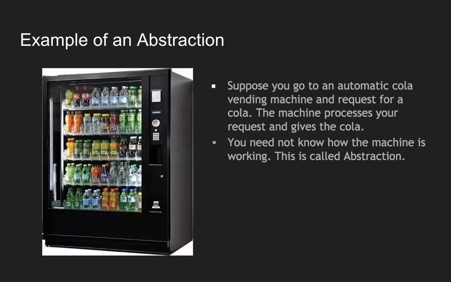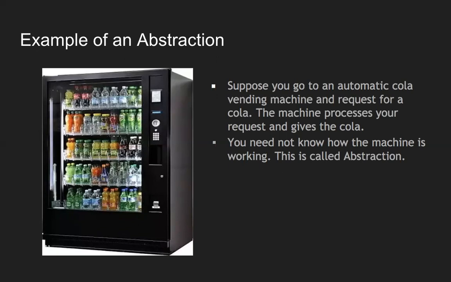So let's take a classic example of abstraction. Generally, we go to big malls or theaters where we have a vending machine. Whenever I put some money into the slot and press a number, if the money is sufficient, I get the respective cola or whatever drink I requested. The input is the money and the number labeled on the bottle.